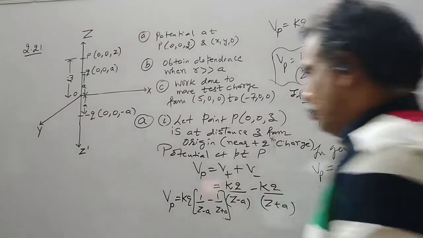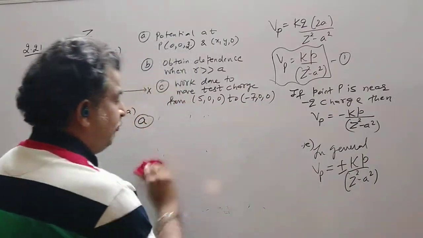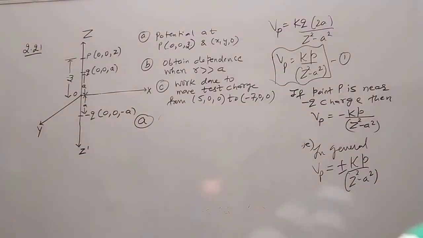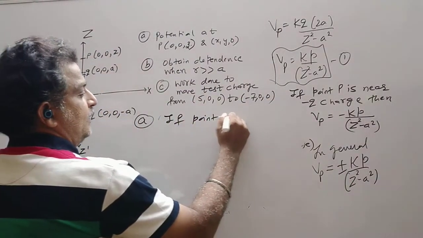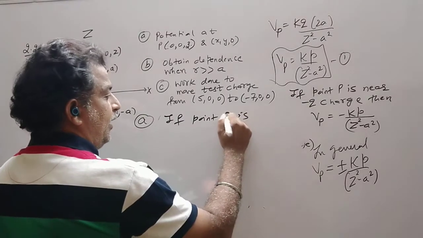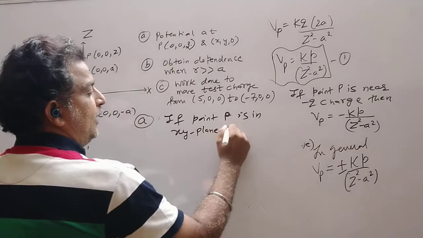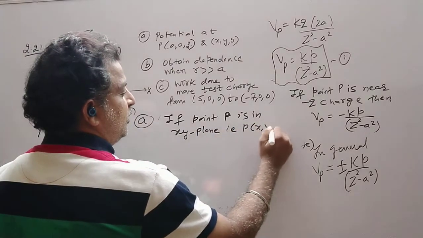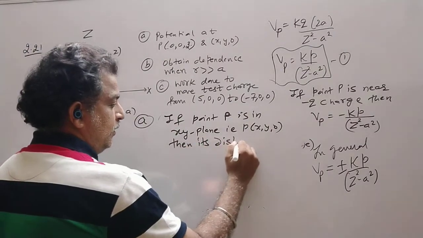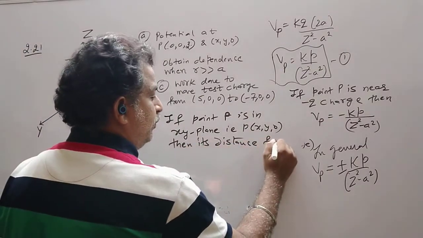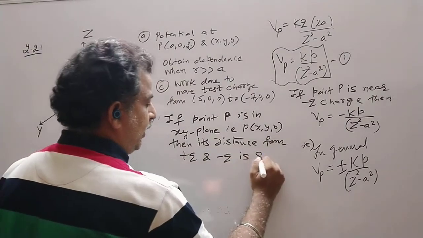So the second portion of A is, if point P is in the xy plane, that is P x y 0, then its distance from plus q and minus q is the same.